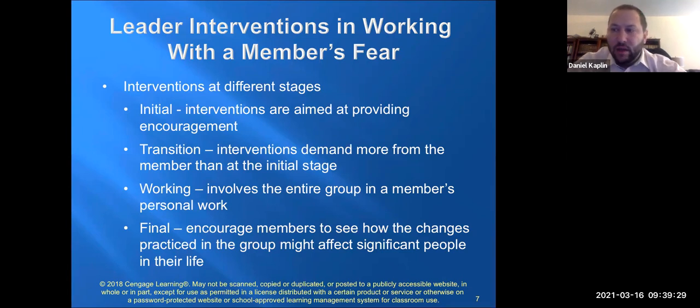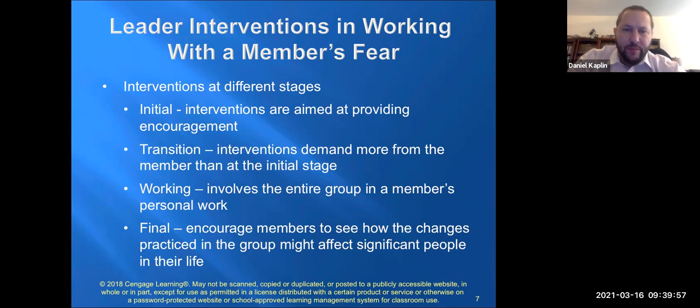So now the member has to be self-driven a little more. And then in the working stage, the entire group is working. The entire group is focusing on the member's personal work and vice versa. So you start by getting people to take risks and trust and share. Then they're self-governed.